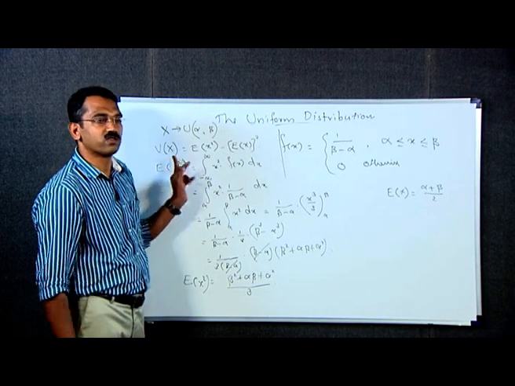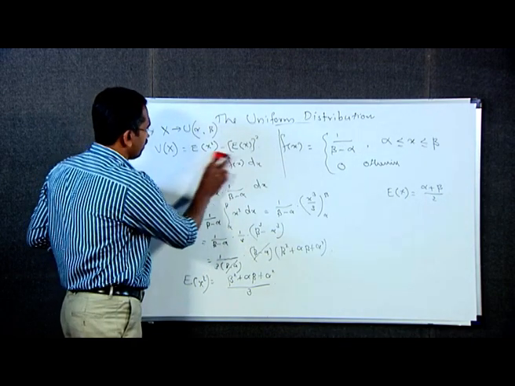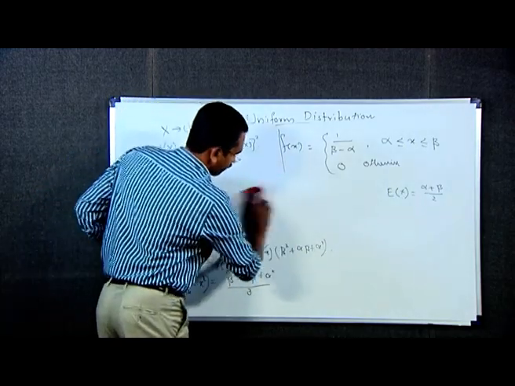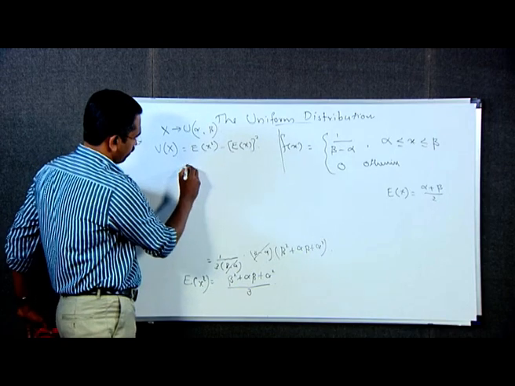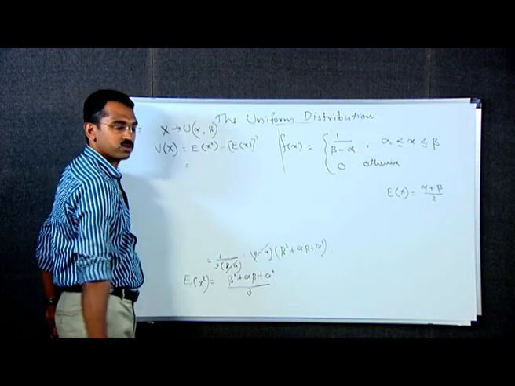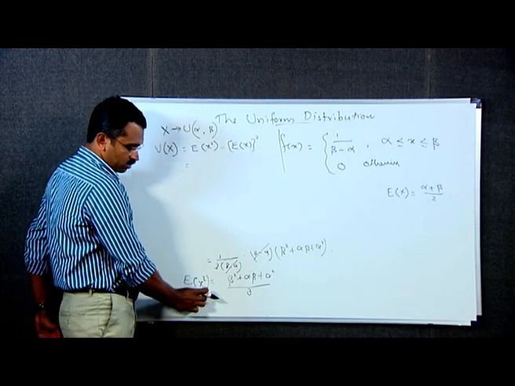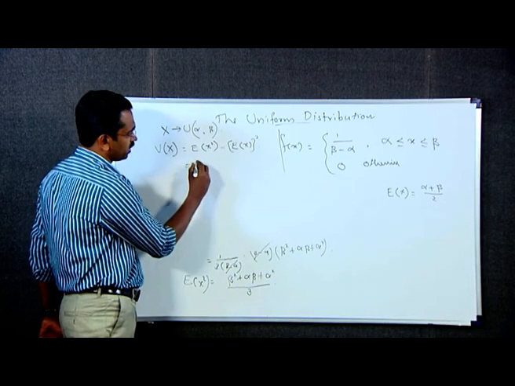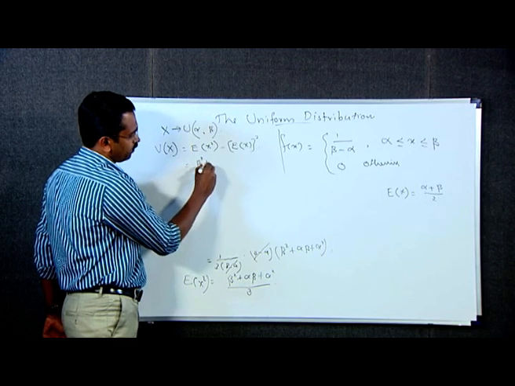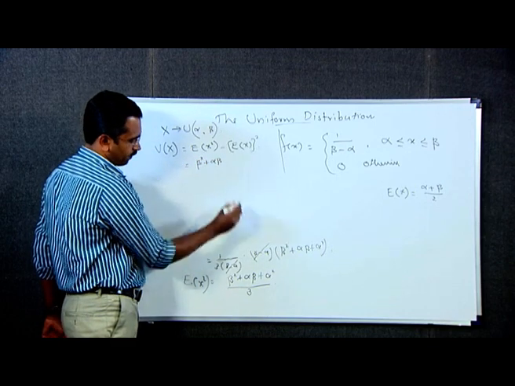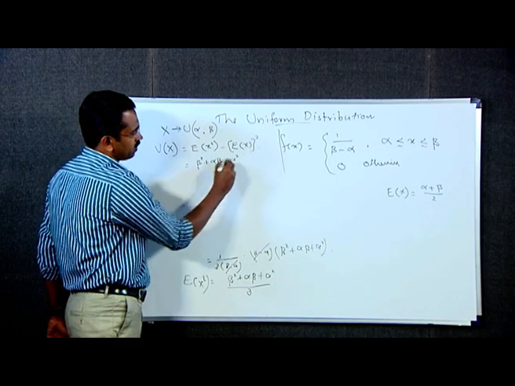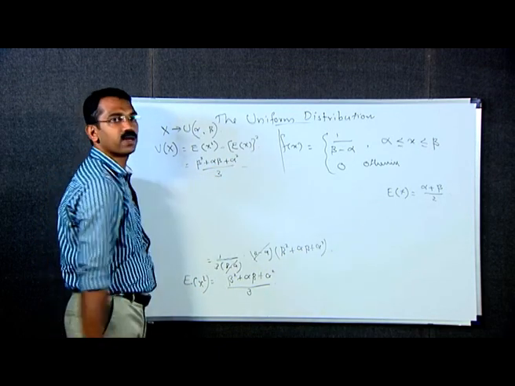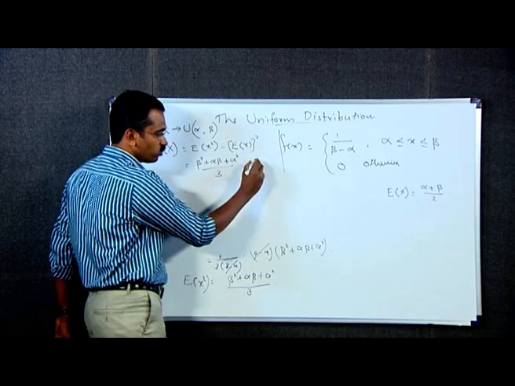And so, variance of x, V of x, is equal to E of x square minus E of x the whole square. We substitute this value of E of x square here. We get beta square plus alpha beta plus alpha square divided by 3 minus E of x, which is alpha plus beta divided by 2.